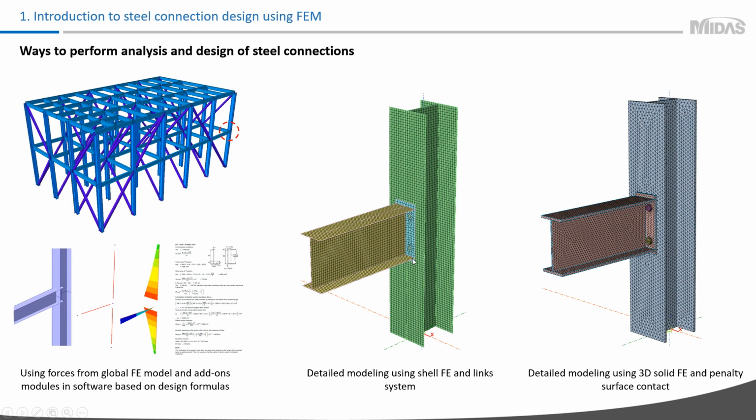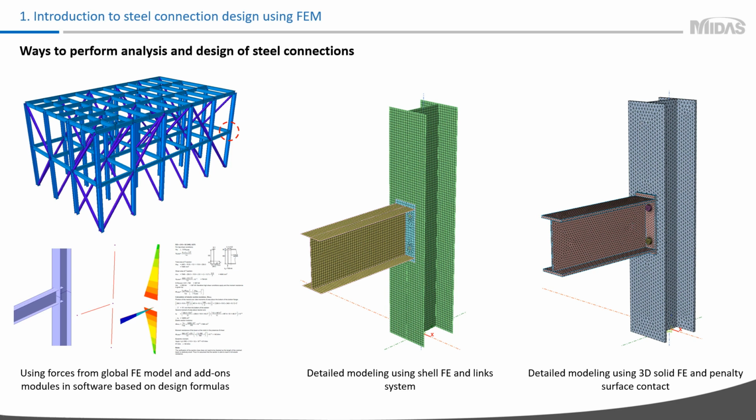The second and third ways are for detailed finite element analysis. The second model is known as the component-based finite element model, where connection members are created with shell elements, and joining of these members, like bolts, contact and welds, is performed with special link elements. The third model is based on 3D solid finite elements.